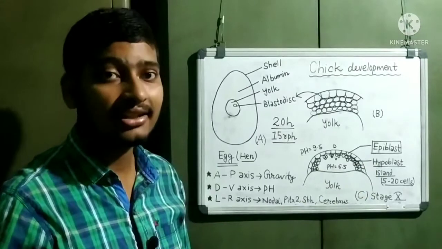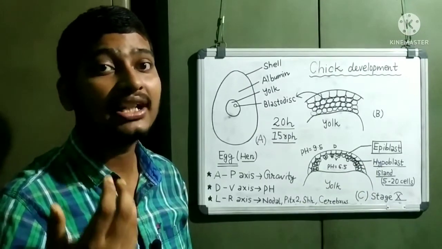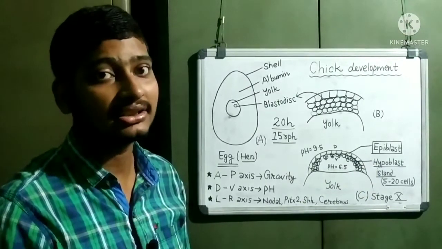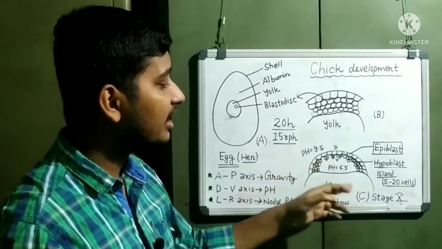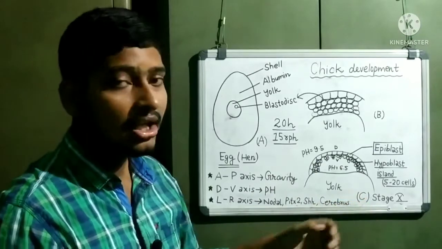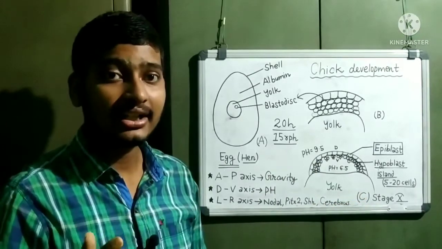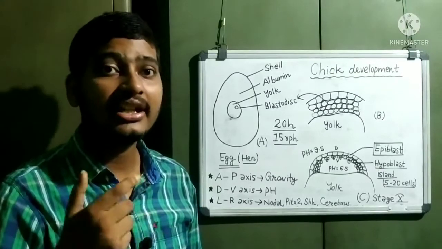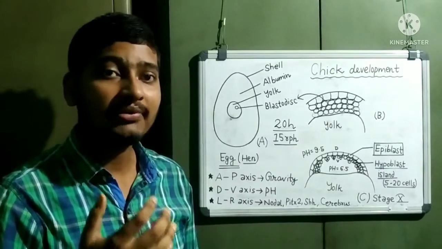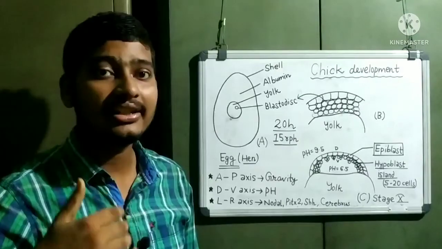Hypoblast gives signal to the epiblast cells for migration. Now as you can see here, this is the stage 10. Up to stage 13, the egg remains inside the hen's reproductive tract. After that, the egg are laid.